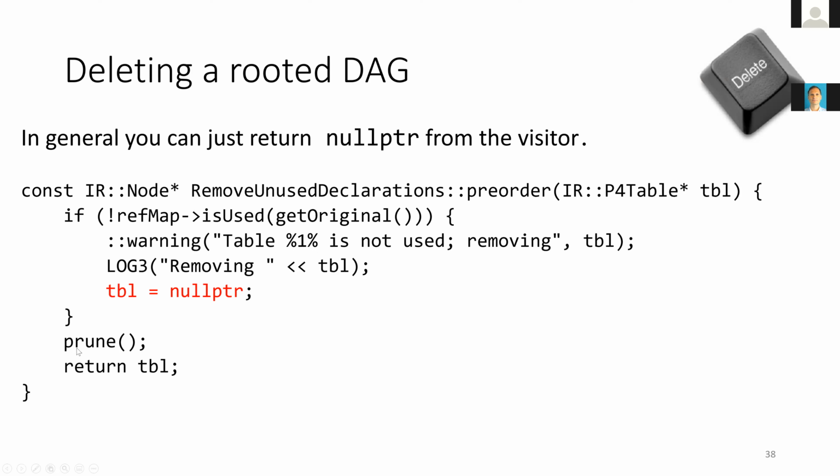And this prune call here, essentially, if you remember, the pre-order method is called before you visit the children of a node in the tree or in the DAG. And prune says, oh, don't bother visiting the children. Since we are going to delete this node, we don't care about the children anymore anyway. In this case, that's why we don't want to visit them. All right, so this is how you delete a node.